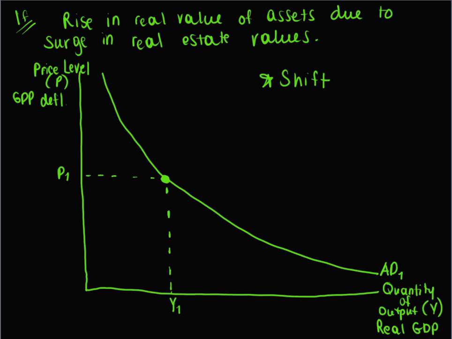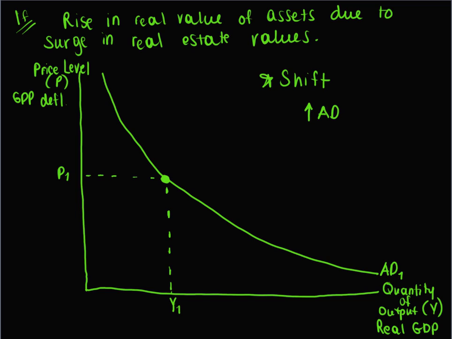So from the point that I started at, if a rise in the real value of assets comes as a result of an increase in the value of homes, I would expect to see a shift of my aggregate demand. Remember, price levels have not changed yet. They will eventually, but right now they have not. We're just seeing an initial surge in real estate values that's increasing the value of assets.